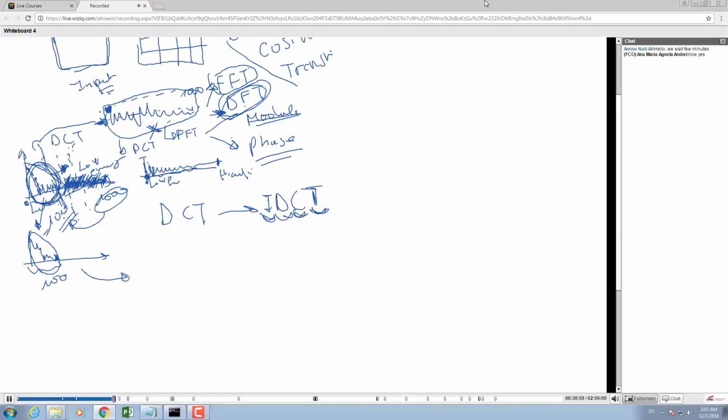Okay, so the input is signal here. You transform it with DCT, you will obtain this signal. You keep just low frequencies, you will obtain this signal. And after this, I can use the IDCT to obtain the temporal signal that you can compare with the original one.